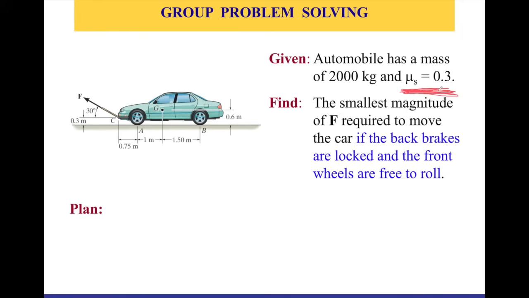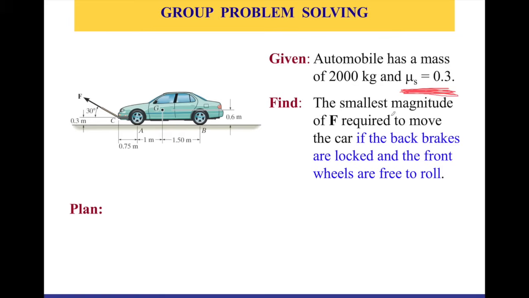Again, this is static friction. The question says, find the smallest magnitude of F required to move the car. We assume the back brakes are locked and the front wheels are free to roll. Those are our conditions.